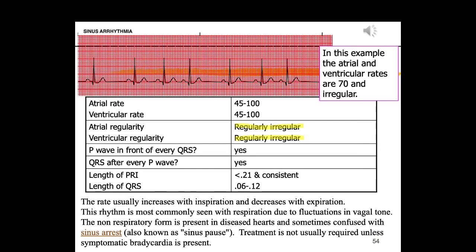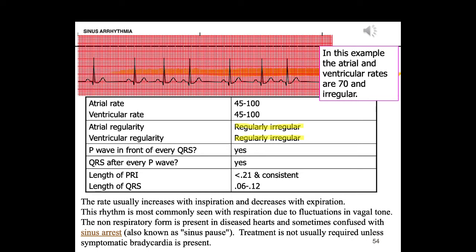Looking at this 6-second strip, you can see there's a variation, and if you had a long enough strip, you would see a pattern. There is a P wave in front of every QRS, a QRS after every P wave. The length of the PR interval is less than 0.21 and is consistent throughout the strip. The length of the QRS complex is 0.12 or less.